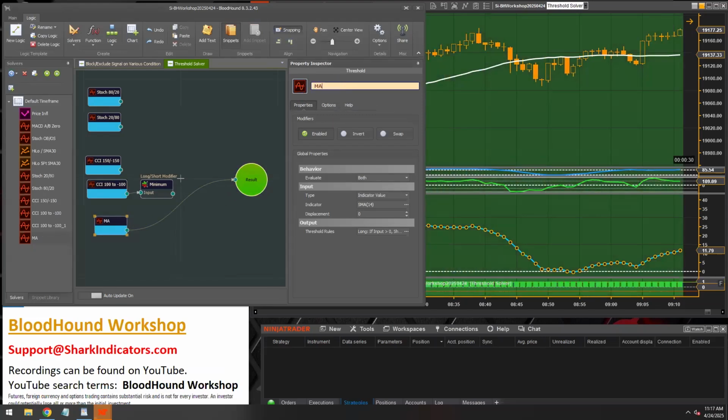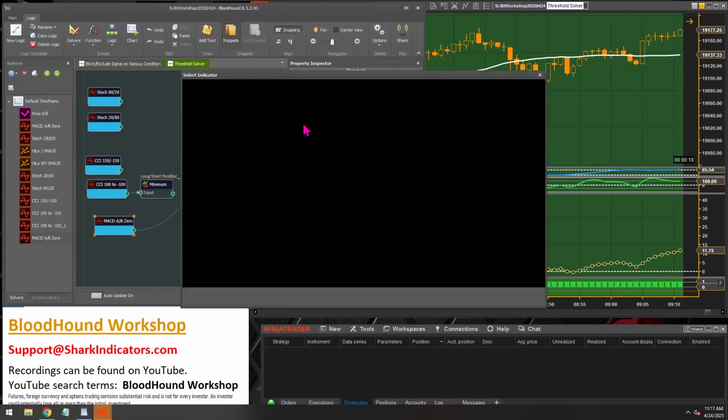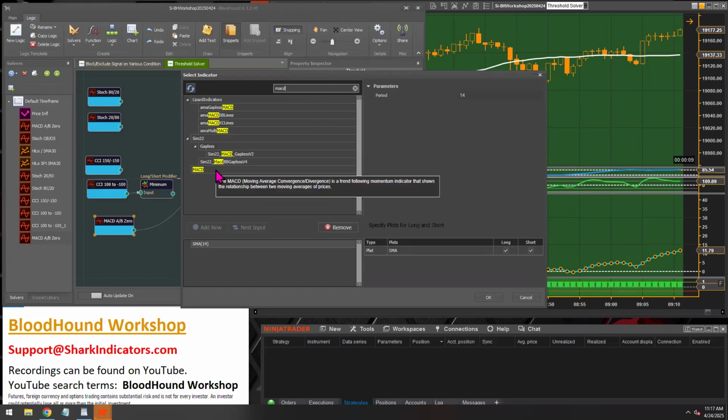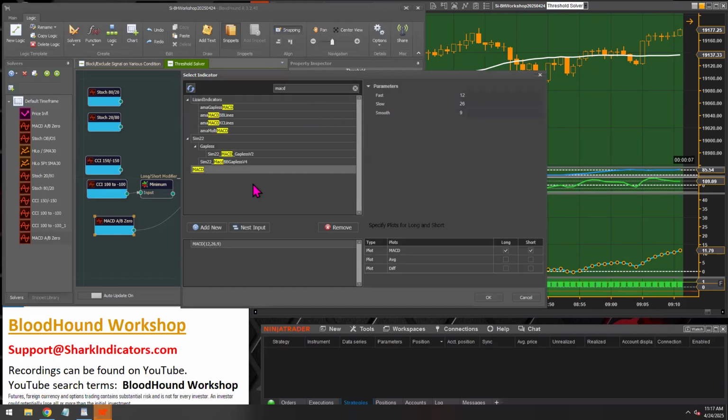All right, so with the MACD, what's most common is, is it above or below the zero line? All right, so let's load in our MACD. Again, just using the standard periods there.